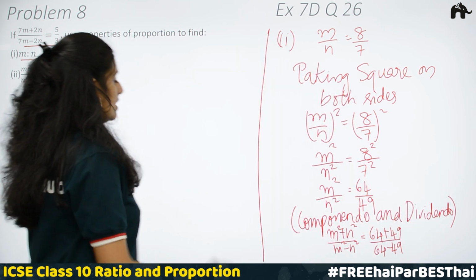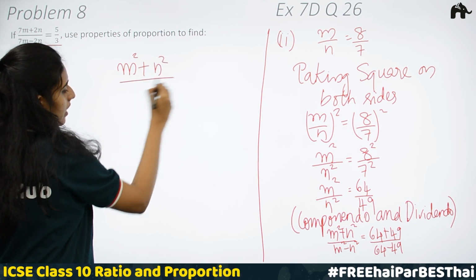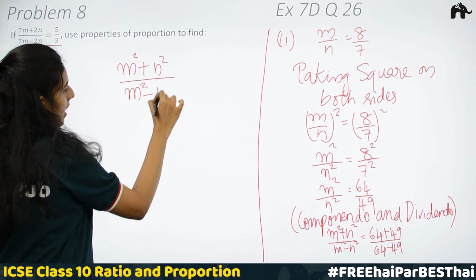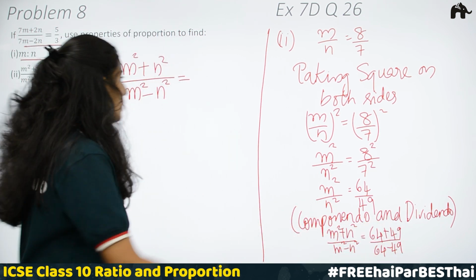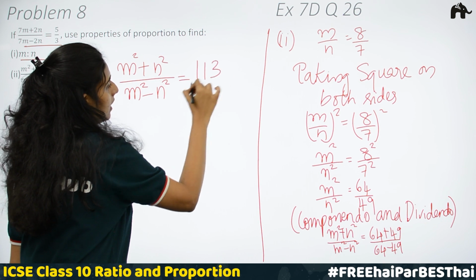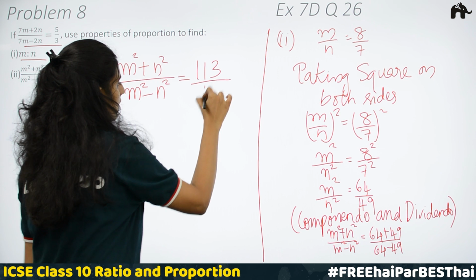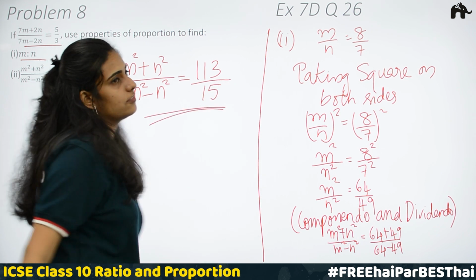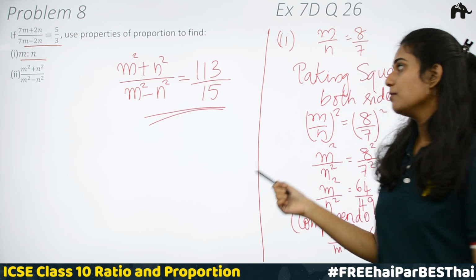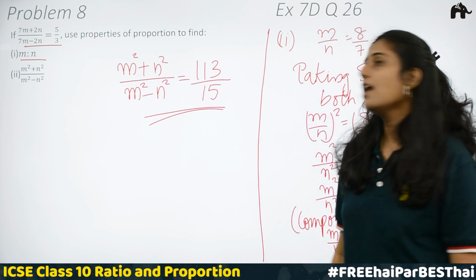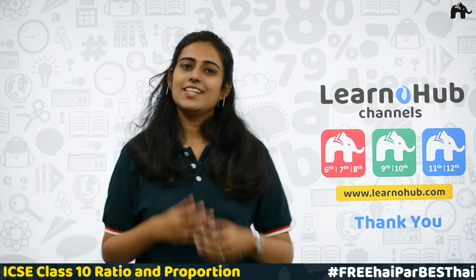You will be getting 113 divided by 64 minus 49 is 15. So this is your final answer. The value of m square plus n square divided by m square minus n square is equal to 113 divided by 15. Clear?